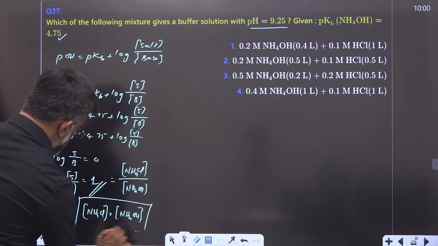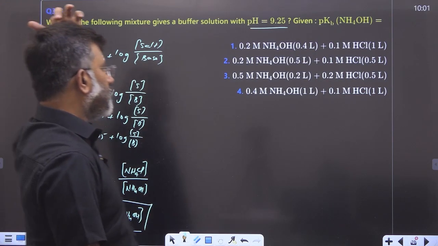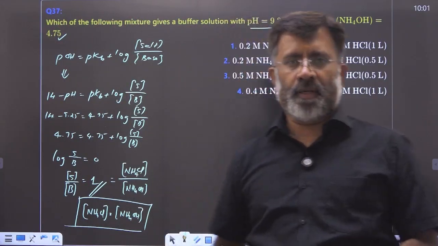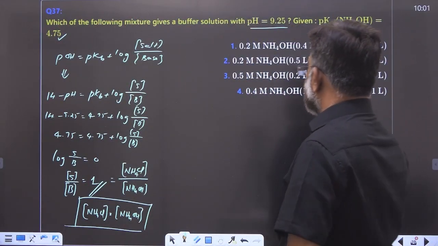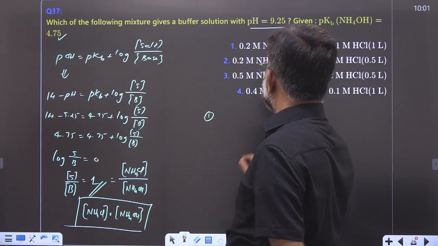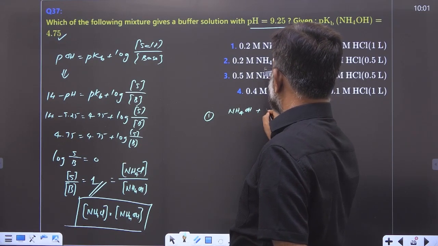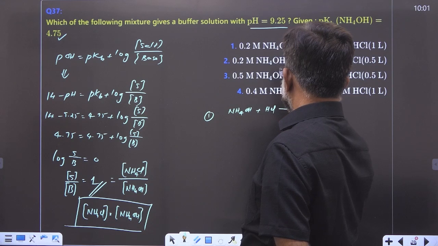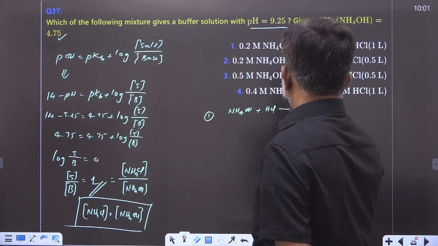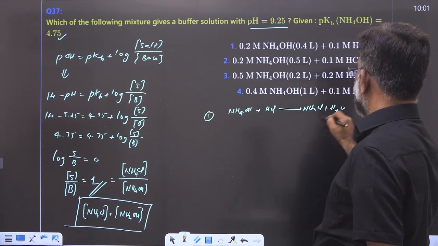This is what our point is. So in which case is that possible? That is the question. Suppose I am taking the first case. We have ammonium hydroxide with HCl, you get ammonium chloride and water.